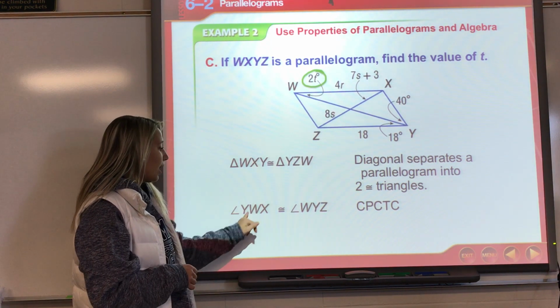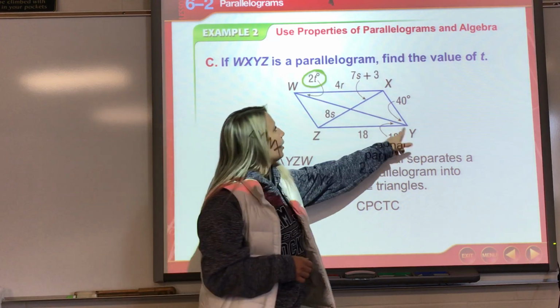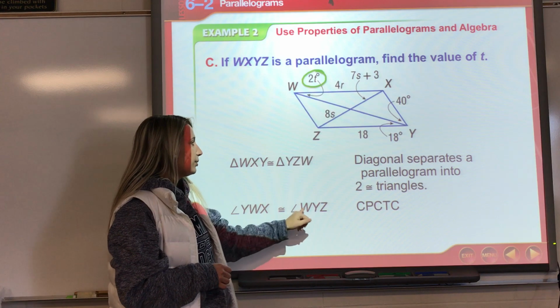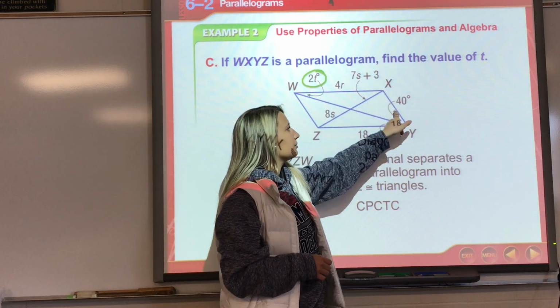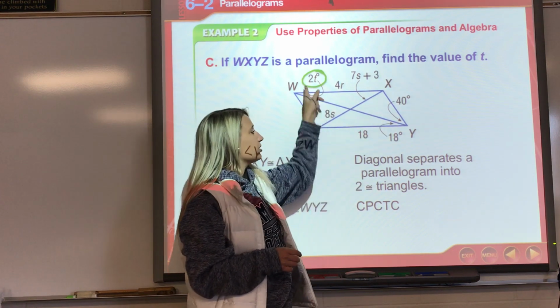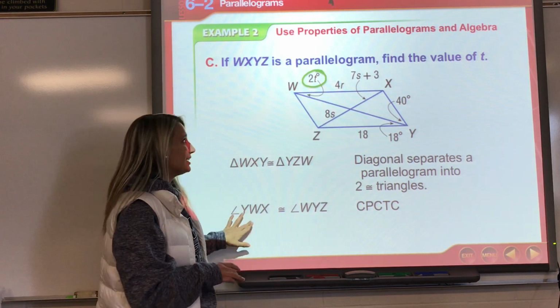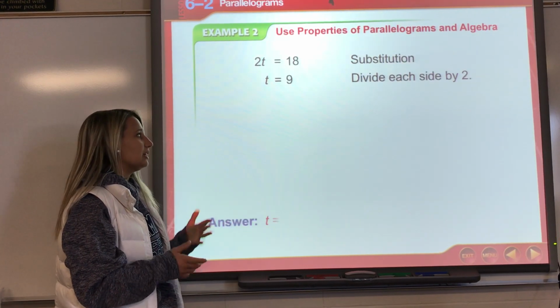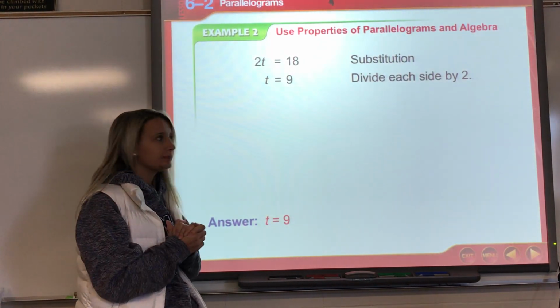So we have angle YWX, that's our 2t up here, and that's congruent to WYZ over here. So it looks like we're going to set 2t equal to 18 and solve that for t. So then t equals 9. Okay?